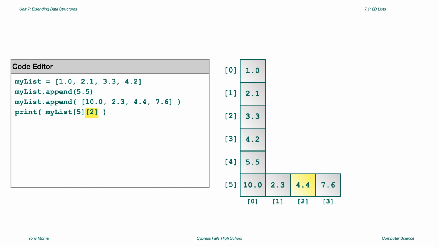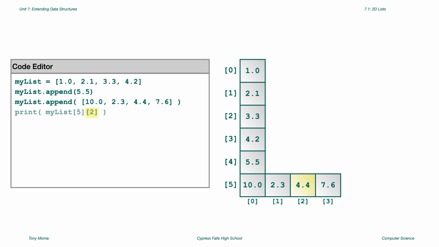So, in general, anytime you have a list within a list, aka an inner list, and you want to access a specific value within that inner list, first you'll need the index of the inner list, the index where that inner list is located. Then you will need the index within that inner list, where that specific value is located. Now, suppose I want to access more than just one value within that inner list.